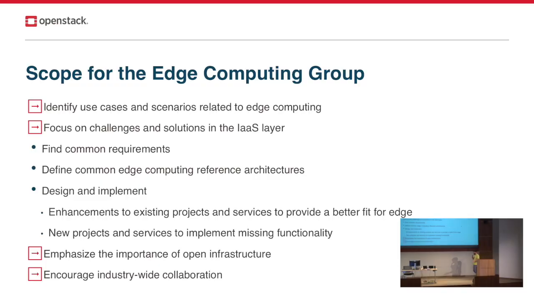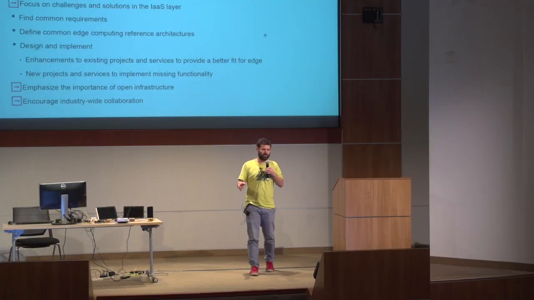The group itself is working on several topics at the same time. We have use cases. I wouldn't call it a subgroup, but we have a separate meeting for use case collection and organization.